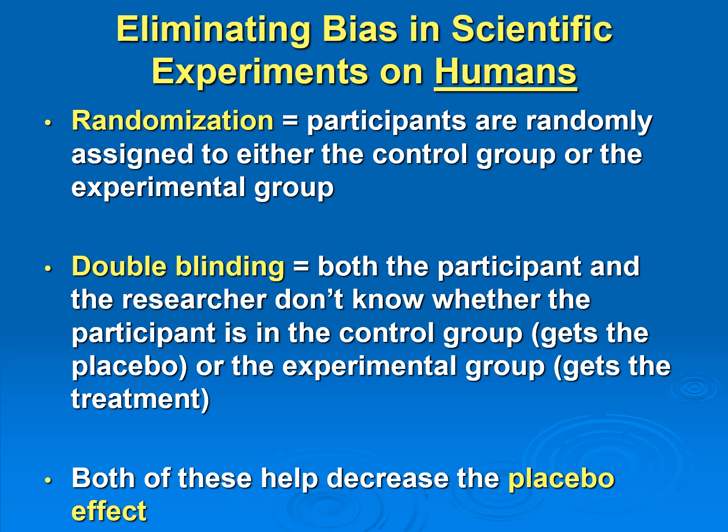They gave me a bottle, and it contained either pills with rice powder or the actual medication they were testing. And I didn't know which one it was. They never actually even told me, so I had no idea. And that was double blinding and also randomization at the same time. So this helps get rid of the placebo effect.